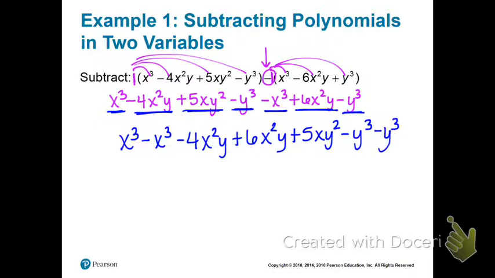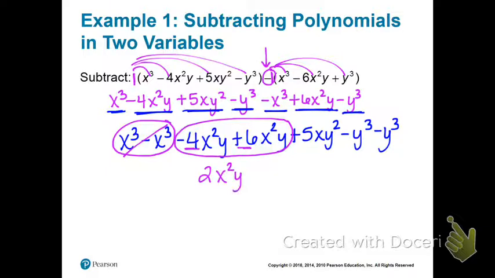So now we're going to combine our like terms. So x cubed minus x cubed. Remember, add or subtract the numbers in front and then keep the variable the same. So 1 minus 1 is 0. So there's 0x cubed, so it cancels. We're not going to write it because there's none there. Then we have a negative 4x squared y plus 6x squared y. Negative 4 plus 6 is 2. Keep your variables the same.